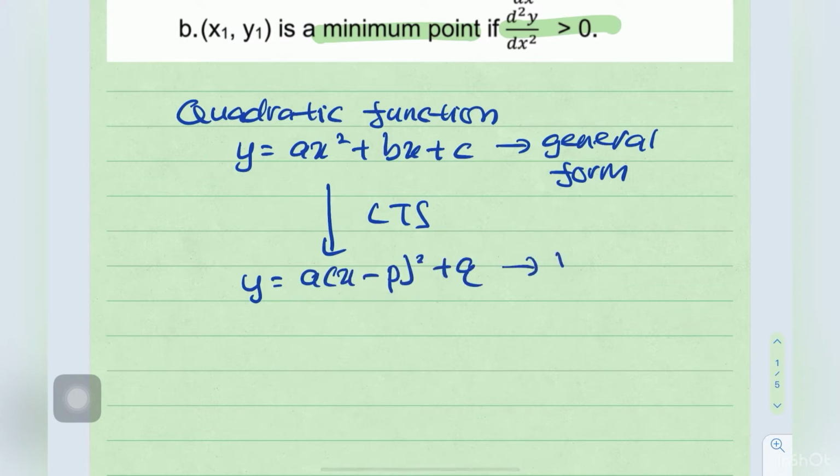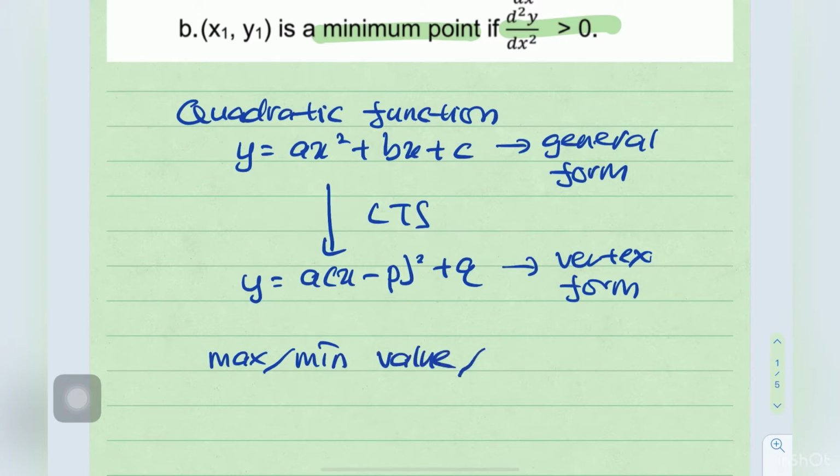This one is the vertex form. From the vertex form, we can identify the axis of symmetry and the maximum or minimum value, or the maximum or minimum point. So this one is for quadratic functions.